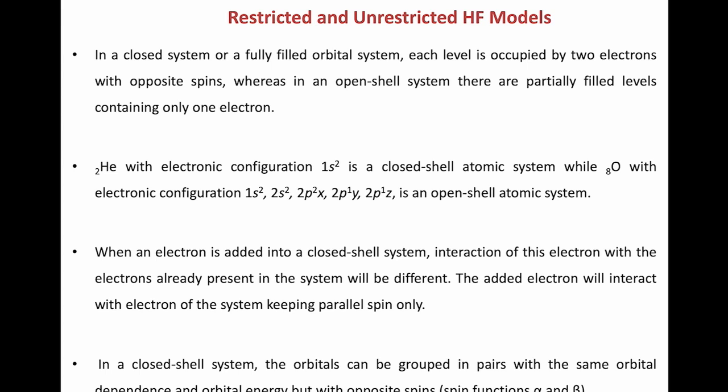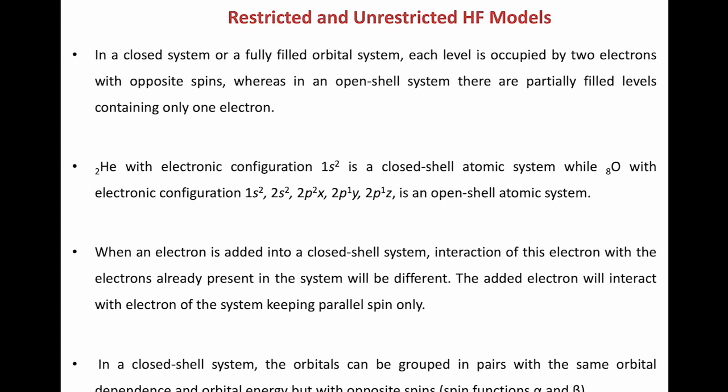So, Roothaan and Hall developed Hartree-Fock models known as restricted and unrestricted Hartree-Fock models. In a closed shell system, or fully filled orbitals, each level is occupied by two electrons with opposite spins, whereas in an open shell system, there are partially filled levels containing only one electron.